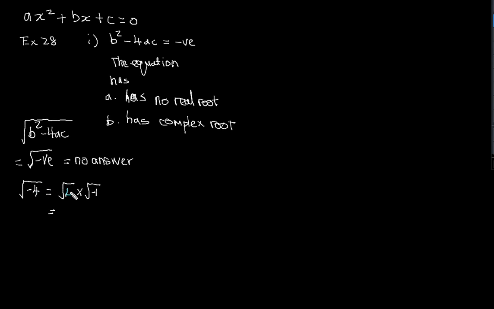You got a 4 here, then you got a 2, but then you have a square root of minus 1. They can actually change this square root of minus 1. Let the square root of minus 1 equal i. So in other words, this actually becomes 2i, with the understanding that i means square root of minus 1.